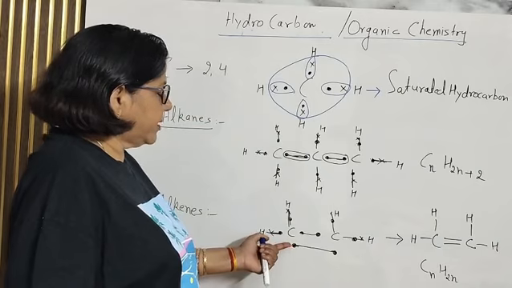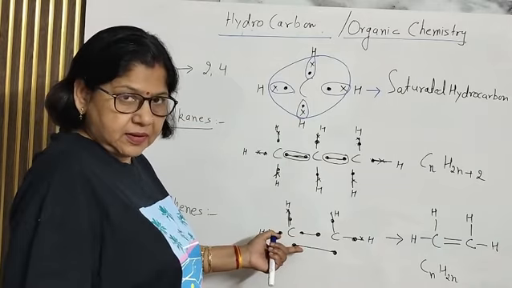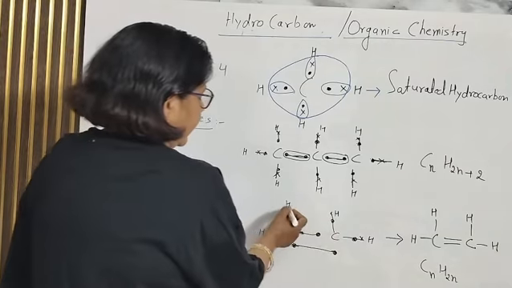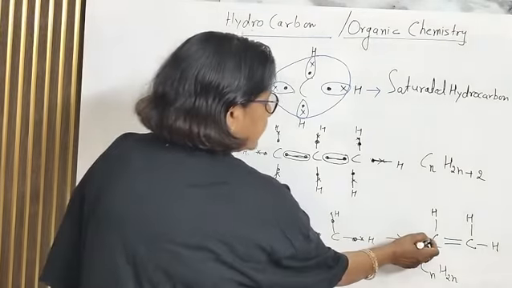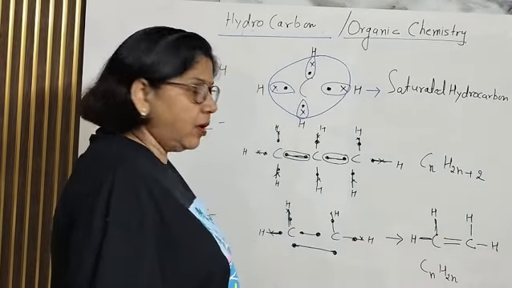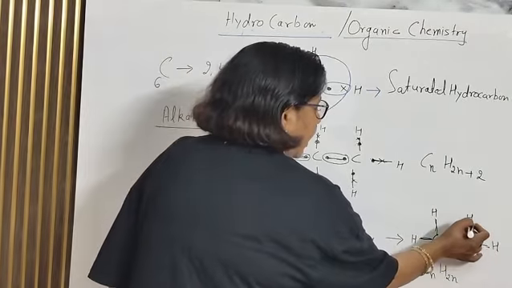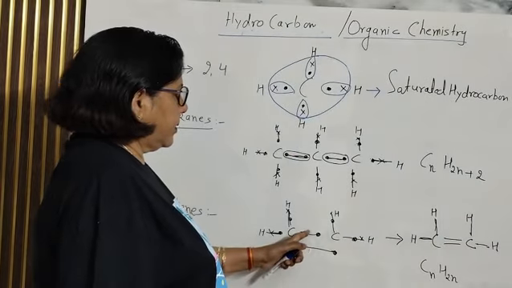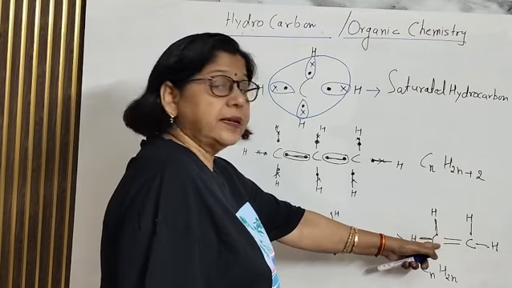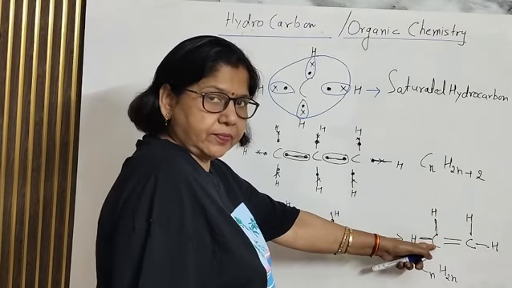That is the solution. And as a result, these hydrogens join with the carbon by a single covalent bond, and between these two carbon atoms there exists a double covalent bond.